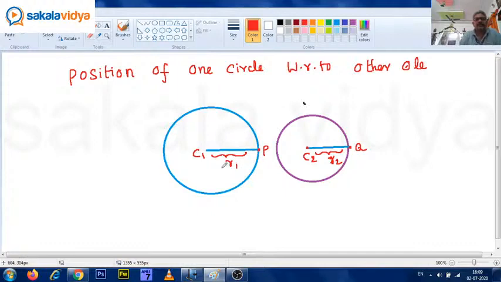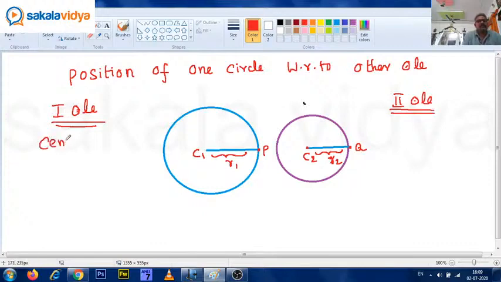This is the first circle, this is the second circle. Here center equals C1, radius equals R1.